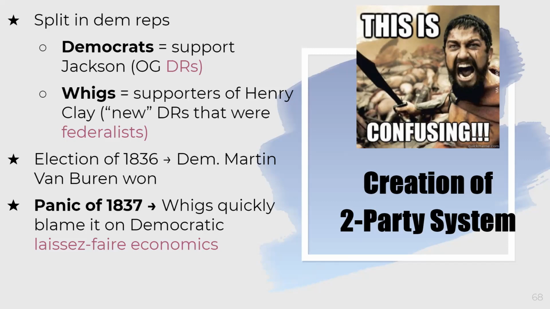So those are the anti-federalists who turned Democratic Republicans, who are like Jackson, Southern, agricultural based, less power to the federal government, Democrats. And people that were kind of on the side of Henry Clay, those Democratic Republicans who used to be Federalists, like Alexander Hamilton, are now Whigs. And it kind of makes sense.